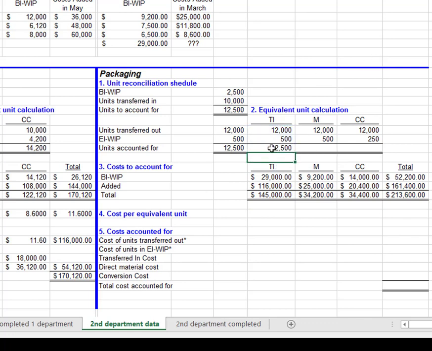So here's my equivalent units of transferred in cost, material, which happens to be the same, and conversion cost. So next I'll calculate my cost per equivalent unit for each component. Cost per equivalent unit for transferred in cost, for material, for conversion cost, and I'll have to add these to get the total.